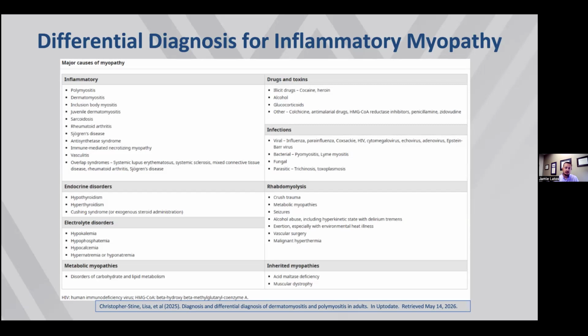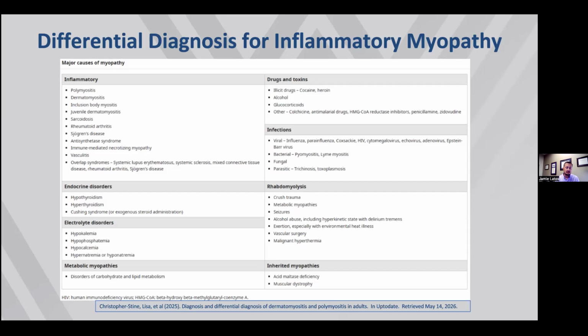And so other non-typical immune-mediated muscle conditions can also cause muscle involvement. There can be endocrine disorders, things like thyroid dysfunction can contribute to myopathy. Electrolyte disorders certainly can. There can be different metabolic or inherited myopathies that can present similarly. And then a big one to keep in mind are drugs or toxins.